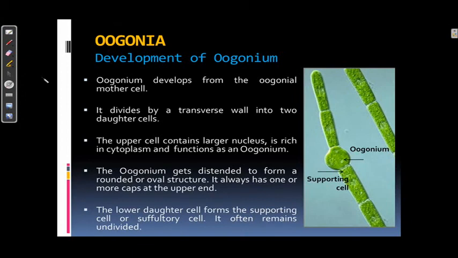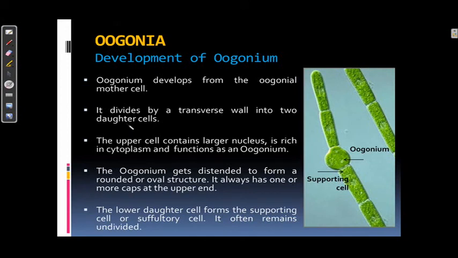Firstly, let's briefly know about the development of oogonium. Oogonium develops from a single cell which is called the oogonial mother cell. This oogonial mother cell divides by a transverse wall into two daughter cells.